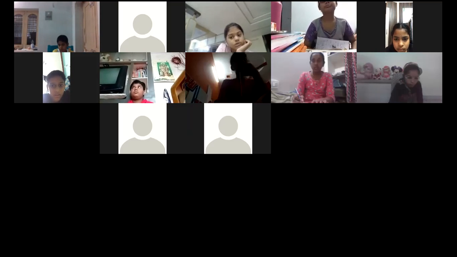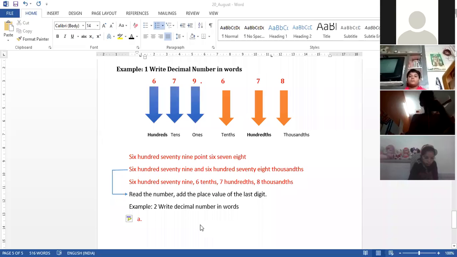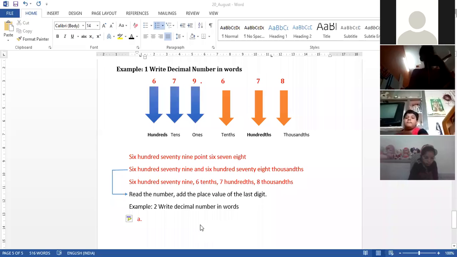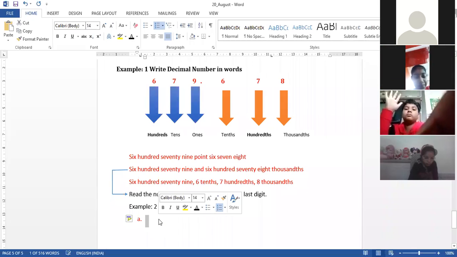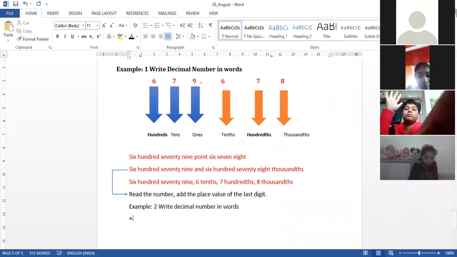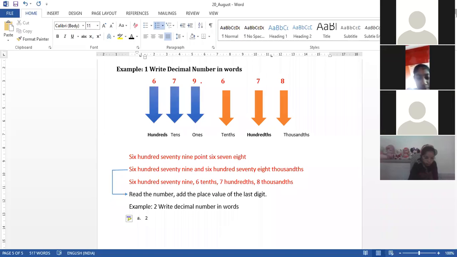Note down example second. Write the decimal number in words. Note down the question, everyone. A question: 24.98.